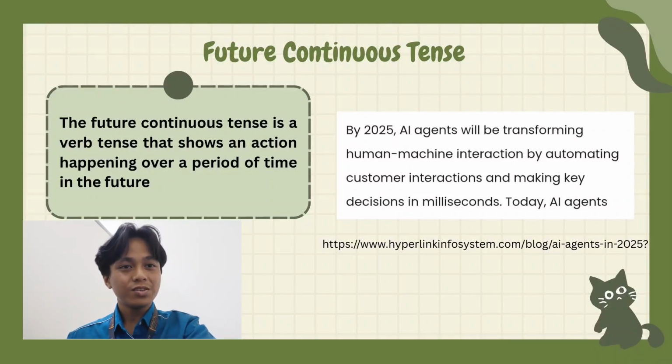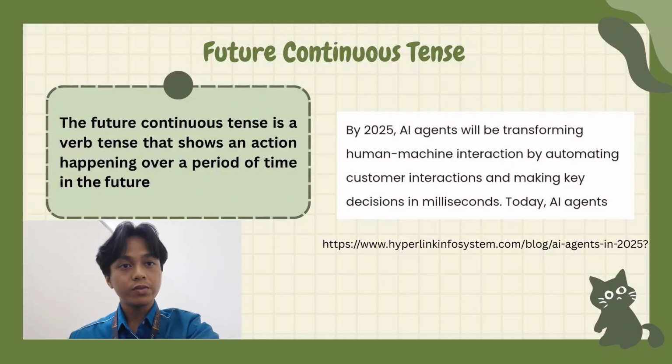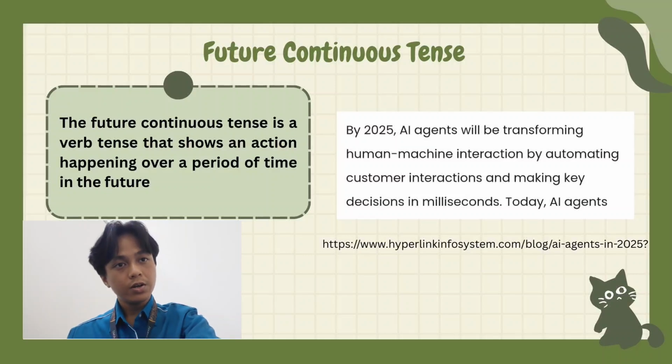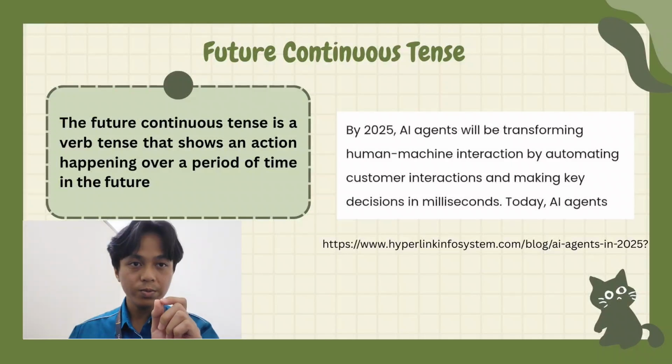So we look here at the example. By 2025, AI agents will be transforming human-machine interaction by automating customer interaction. So here we are mentioning the words by 2025.